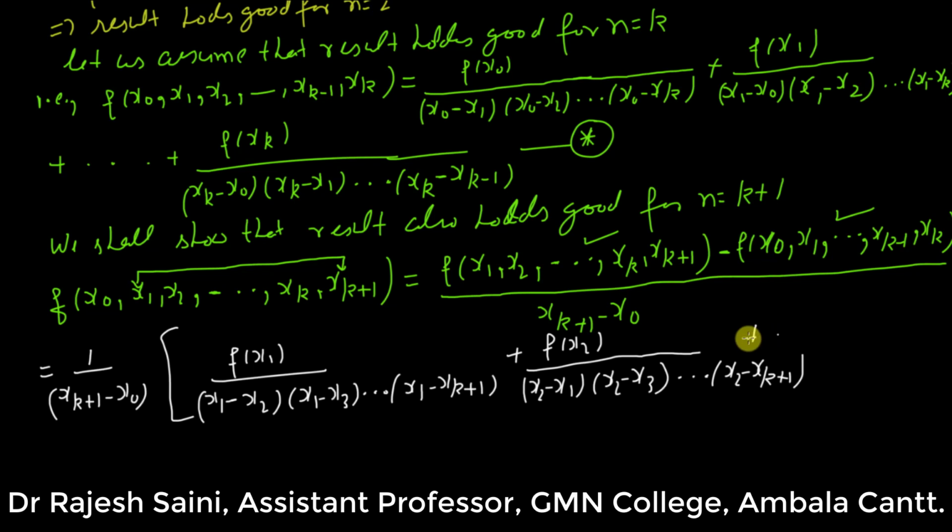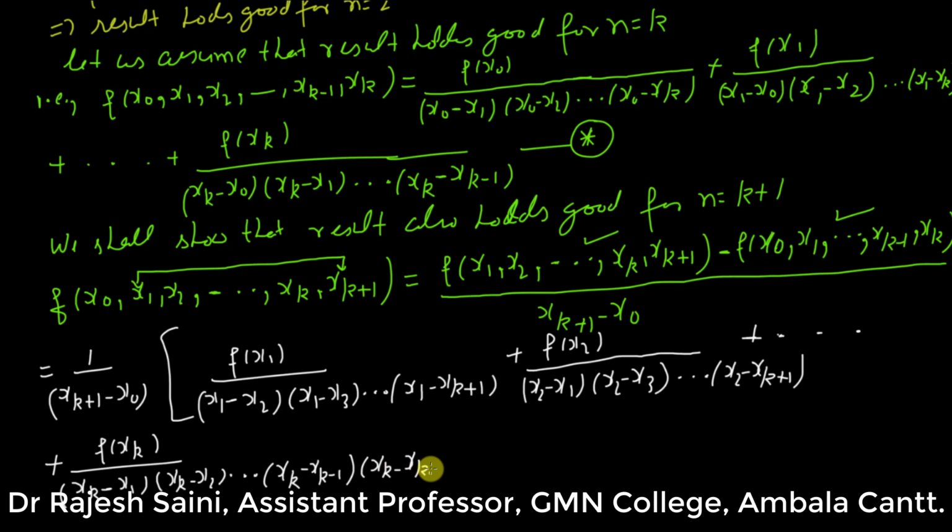Similarly it will go like that, and here we will write the last term. If you want to write the kth term, you can also write f of xk. It will be xk minus x1, first one, xk minus x2, and xk minus xk is not to be written, otherwise xk minus xk minus 1, and after that xk minus xk is left. So last I am going to xk minus xk plus 1. Fine.